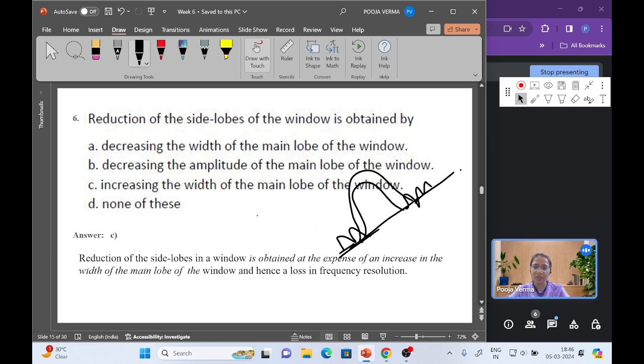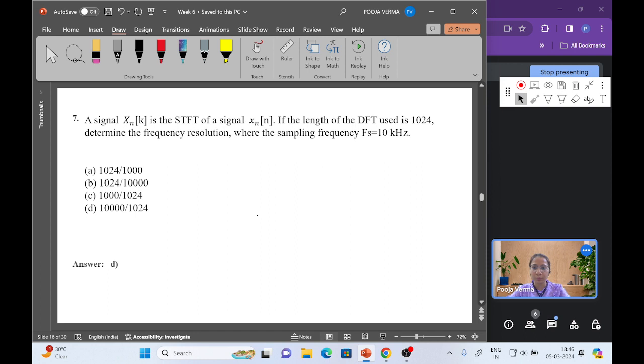Okay, moving to the next question. A signal X(n,k) is the STFT of a signal x(n). If the length of the DFT used is 1024, determine the frequency resolution where the sampling frequency Fs is equal to 10 kHz.